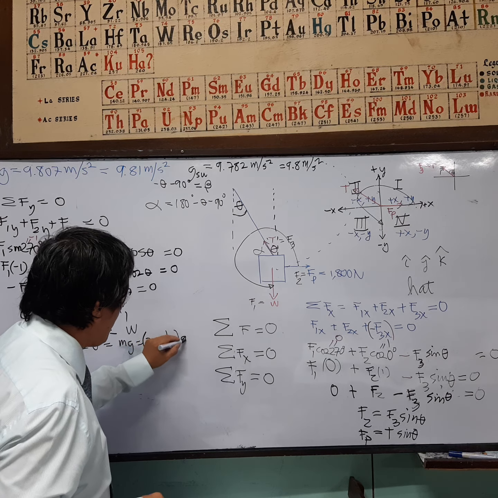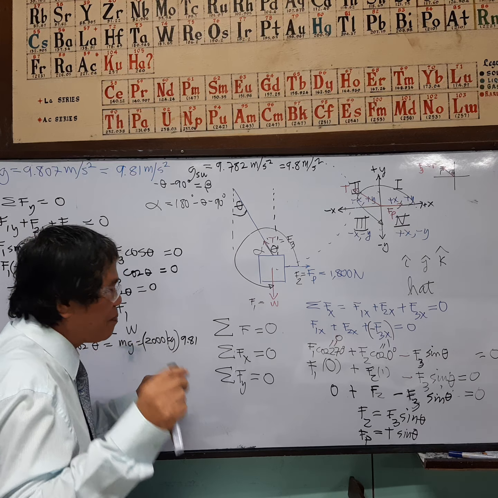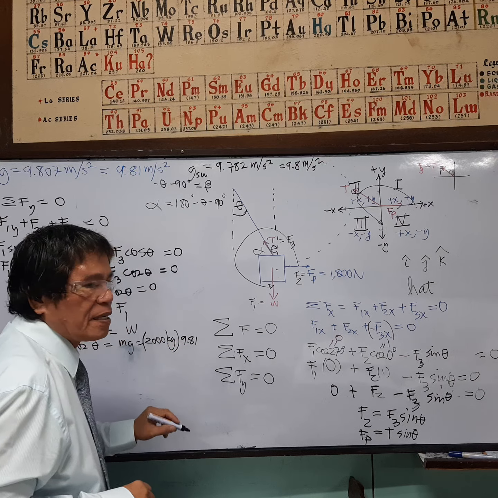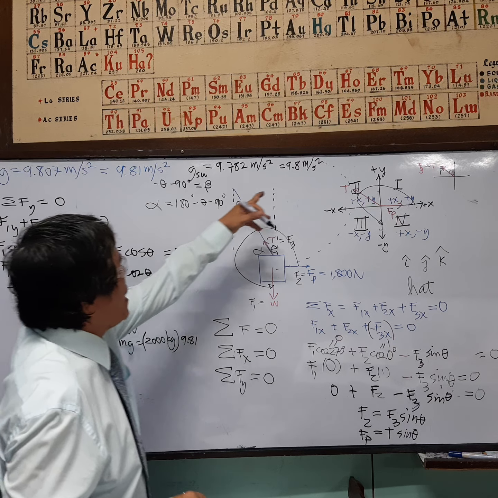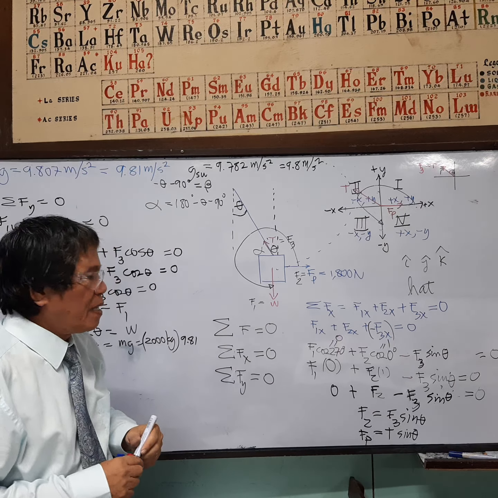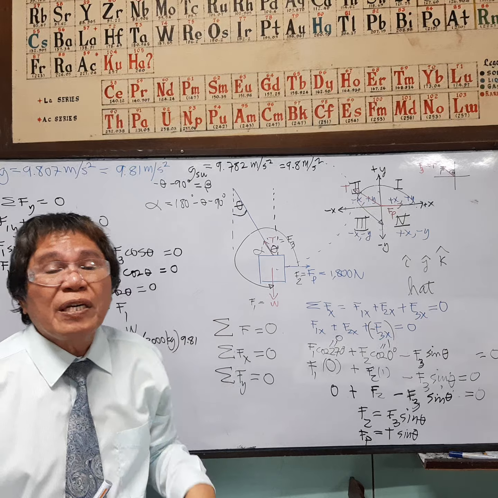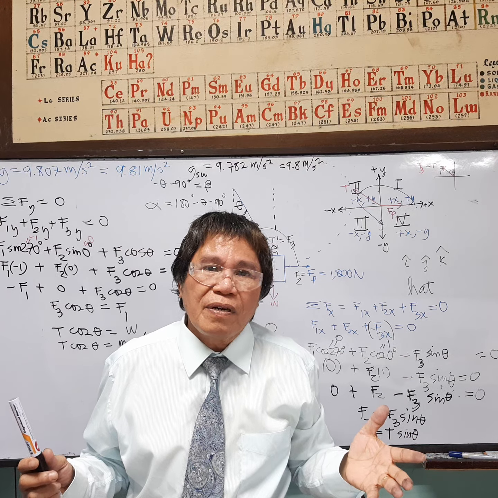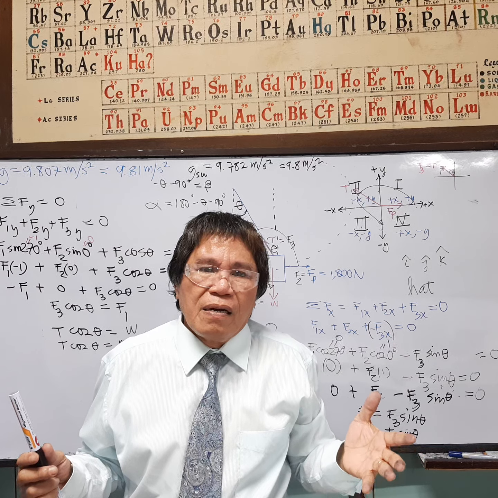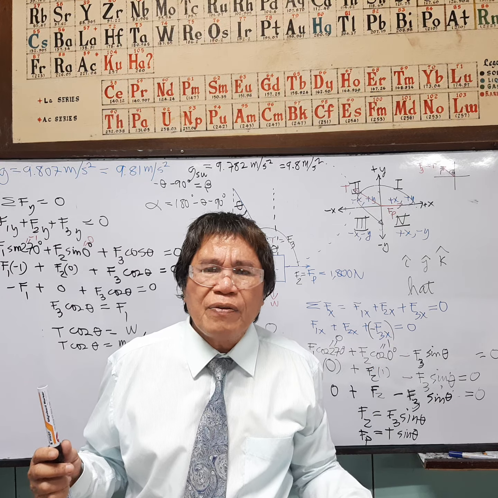I will use 9.81, or you can use 9.8. It does not matter as long as it is correctly solved. I am introducing 9.8 because this is the usual value in most physics books, but because we're using the textbook here, we will adapt 9.81.